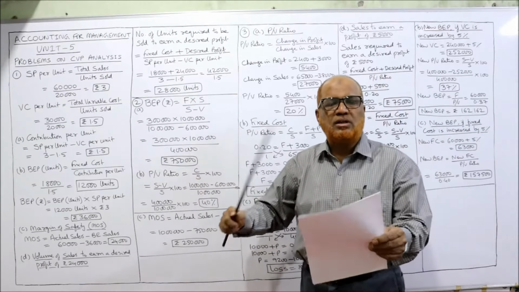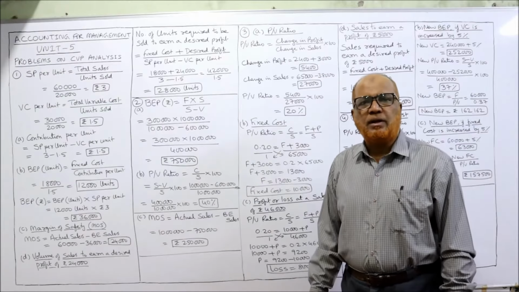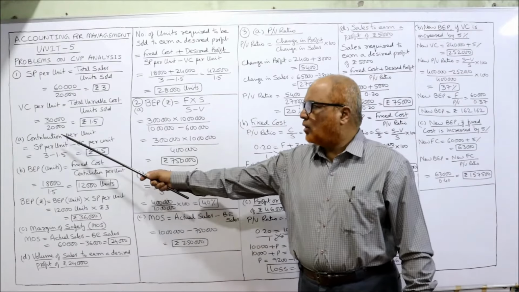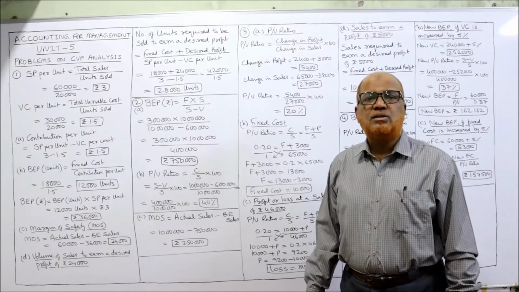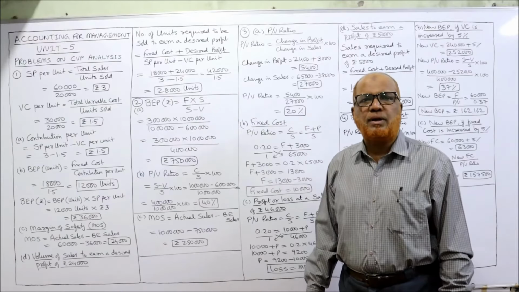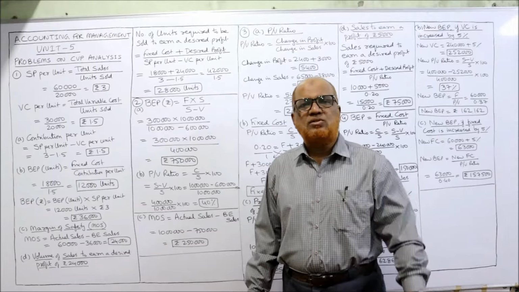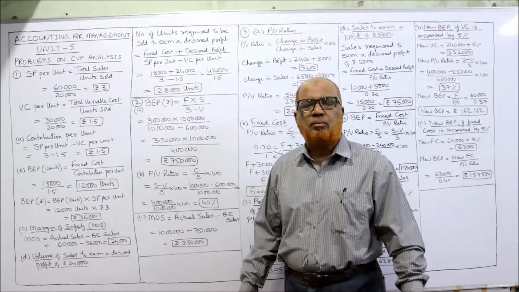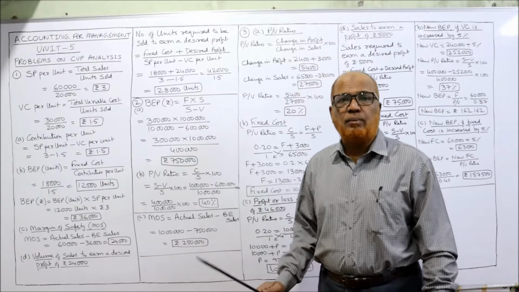The first question asks you to calculate contribution per unit. The formula for contribution per unit is selling price per unit minus variable cost per unit. All these things I have already explained in the last videos: the formulas for contribution, PV ratio, BEP, margin of safety, everything. You have to remember them.